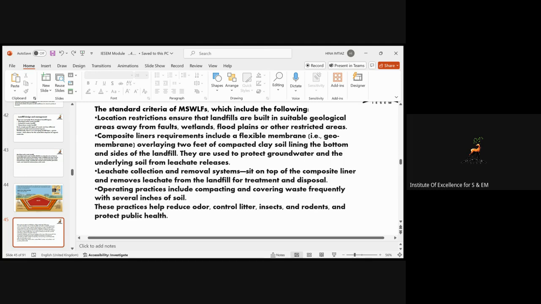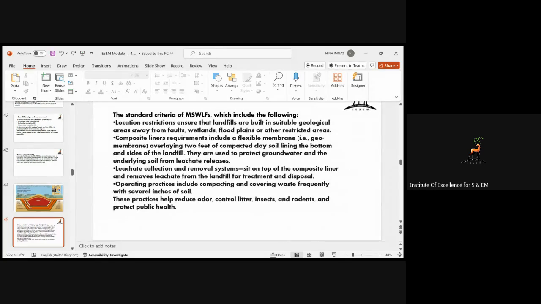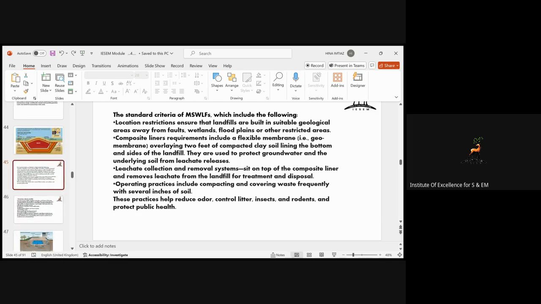These practices help to reduce odor and control litter, insects and rodents, and ultimately protect public health. So before designing any type of landfill, there is a standard criteria you must meet, and after that you will go for installation.